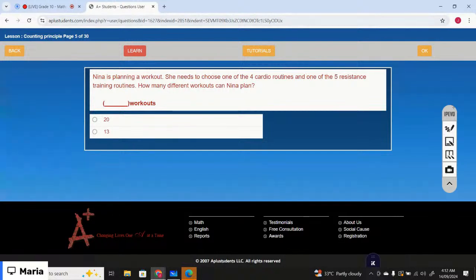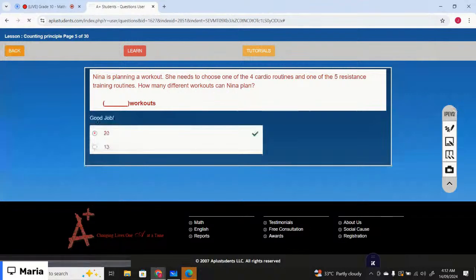Option number one is the correct option. That is 20. Okay, you can complete the lesson by yourself later today. Let's move on to the next lesson.